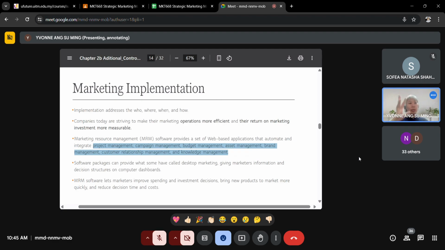So I have to come up with the campaigns with, of course, the help of the department, and then I have to also make sure that the whole array of the marketing activities, kalau ada 30, kalau marketing activities dia 15, you have to see it from inception sampai dia tamat, kena monitor segala-galanya.